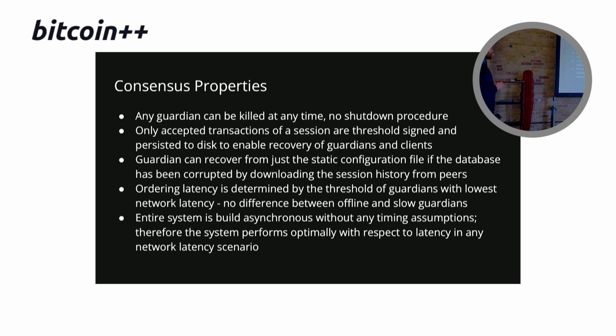Okay, next point is ordering latency, already mentioned that. As I said, the algorithm itself is asynchronous, and we maintain this property in the rest of the system, so there are no timing assumptions built in there. Due to its asynchronous nature, the system will perform optimally in any network latency scenario.